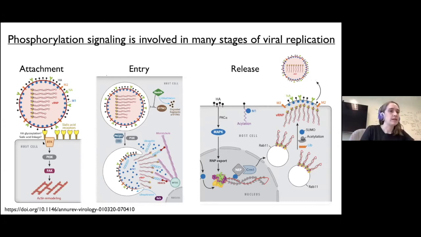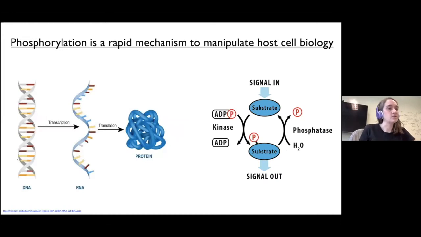For example, in the case of flu, by manipulating PI3K signaling, MAPK, PKC signaling to enable the virus to replicate efficiently. And it's not a coincidence that viruses use phosphorylation to achieve their replication.